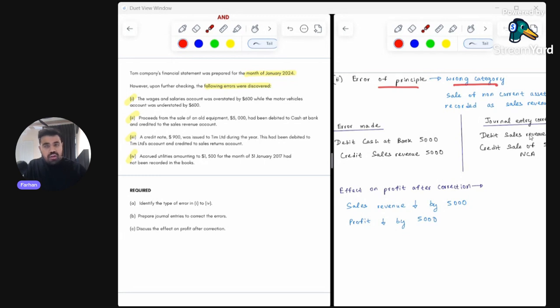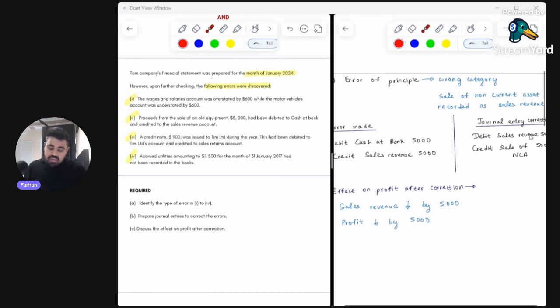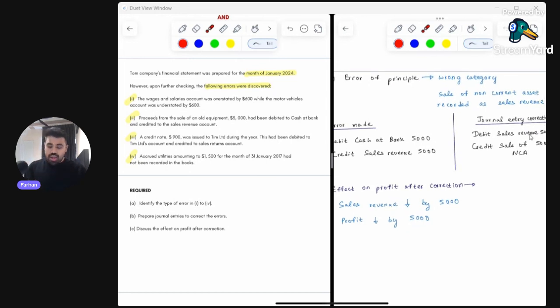And the wrong category here is that we know we have sold a non-current asset, which is different to selling our inventory to our customers, right? So because we have sold a non-current asset and we ended up recording it as a sales revenue, which is indicating that you may have sold to your customers, this type of error is what we classify as an error of principle, because the error is within the fundamentals.